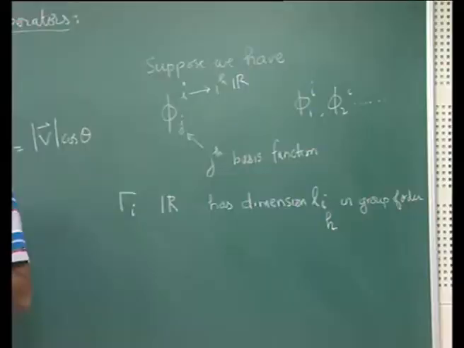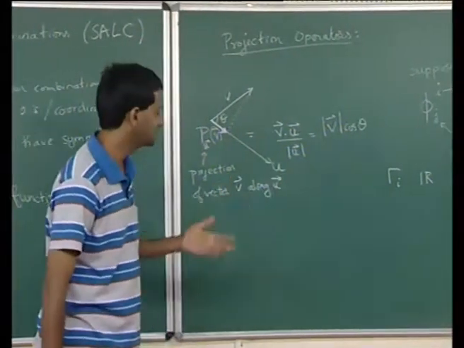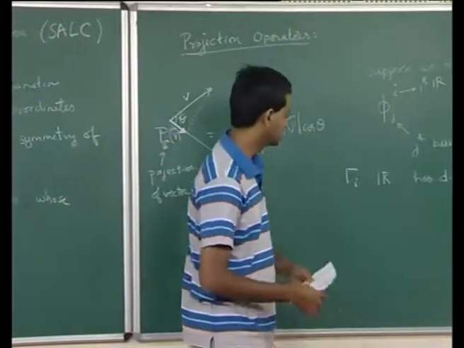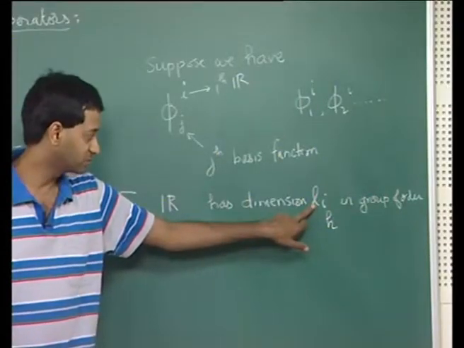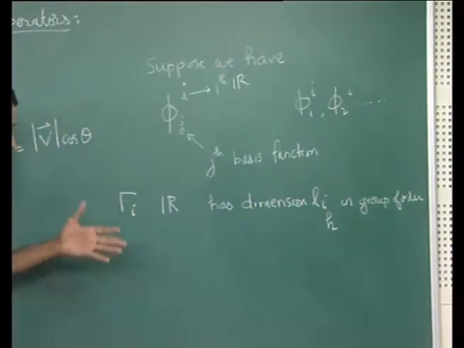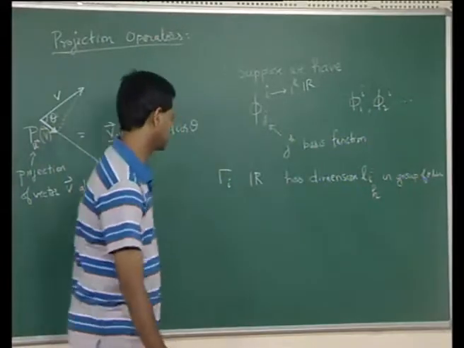For example, Li could be a one-dimensional representation, Li could be a two-dimensional representation, like we have seen the various representations like A1, A2, E. So this is one of those representations, and the dimension is Li. A1 would be a one-dimensional representation, A2 would also be one-dimensional, whereas E would be a two-dimensional representation. And the order of the group is H.